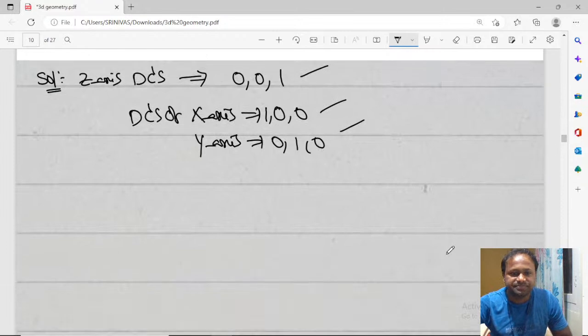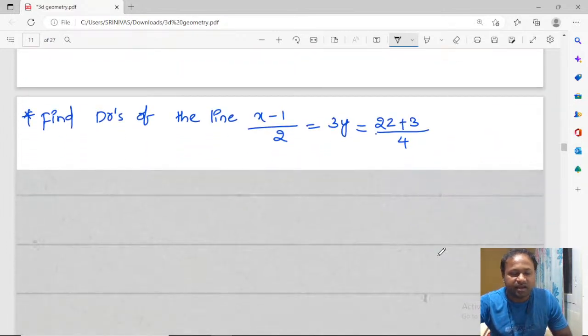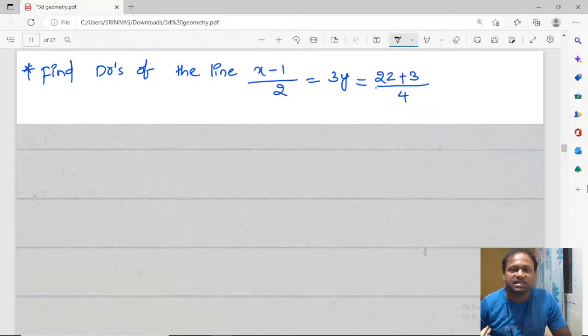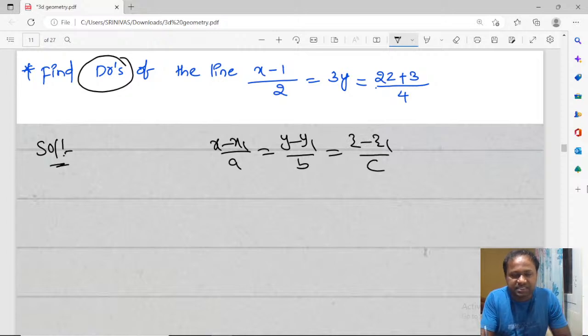Next one. Another question. This is a little bit of a different question. So find DRs, direction ratios, asked. Generally, x minus x1 by a is equal to y minus y1 by b is equal to z minus z1 by c.